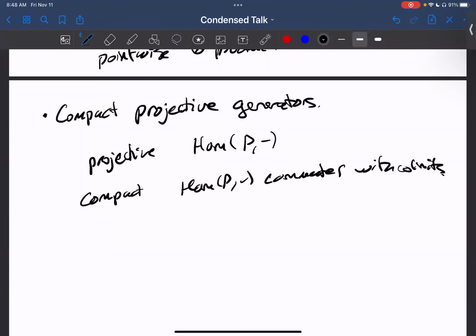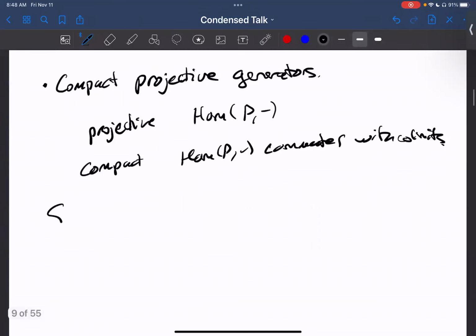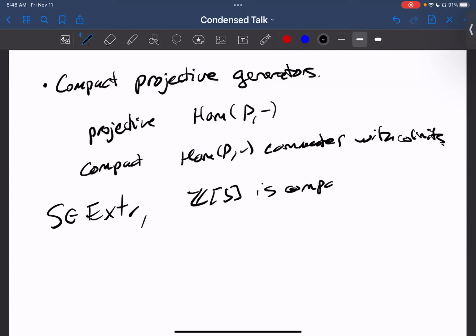So how do these apply in our case? Well, if we take S an extremely disconnected set, then Z of S is compact projective. Now, why is this the case?